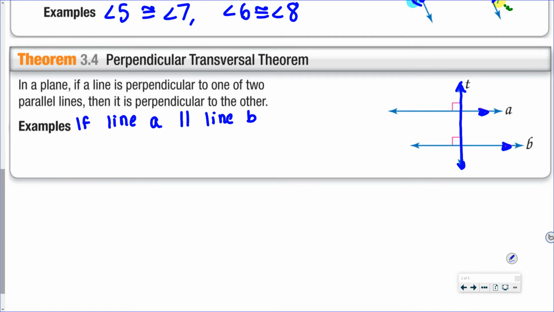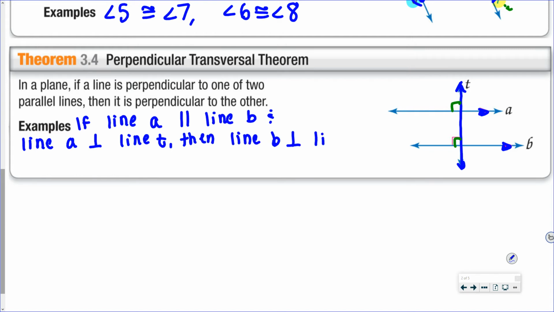If the transversal is perpendicular to one of the lines, I'm calling my transversal line T. So if we know the 2 lines are parallel and the transversal is perpendicular to one of the lines, it's going to be perpendicular to the other line as well. Then line B is also perpendicular to line T.